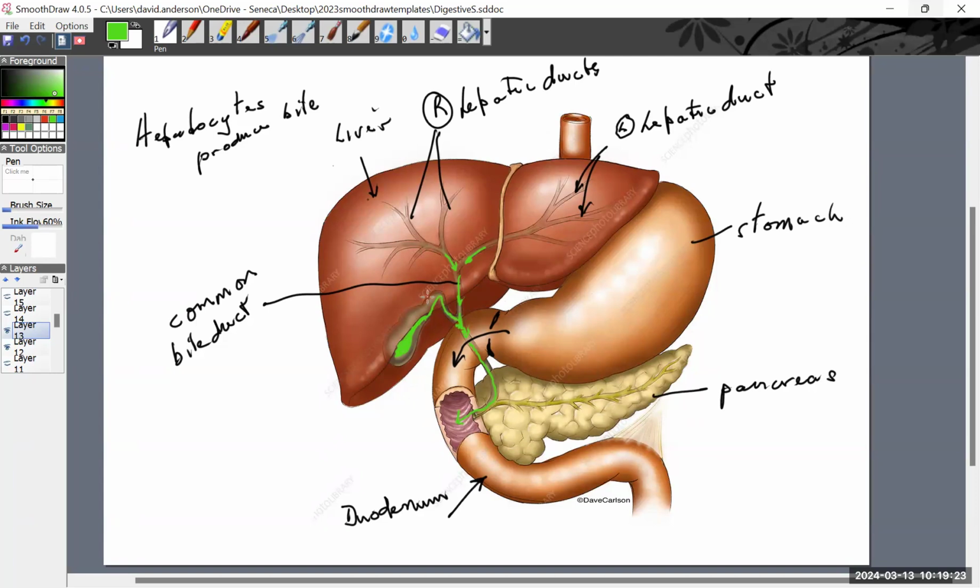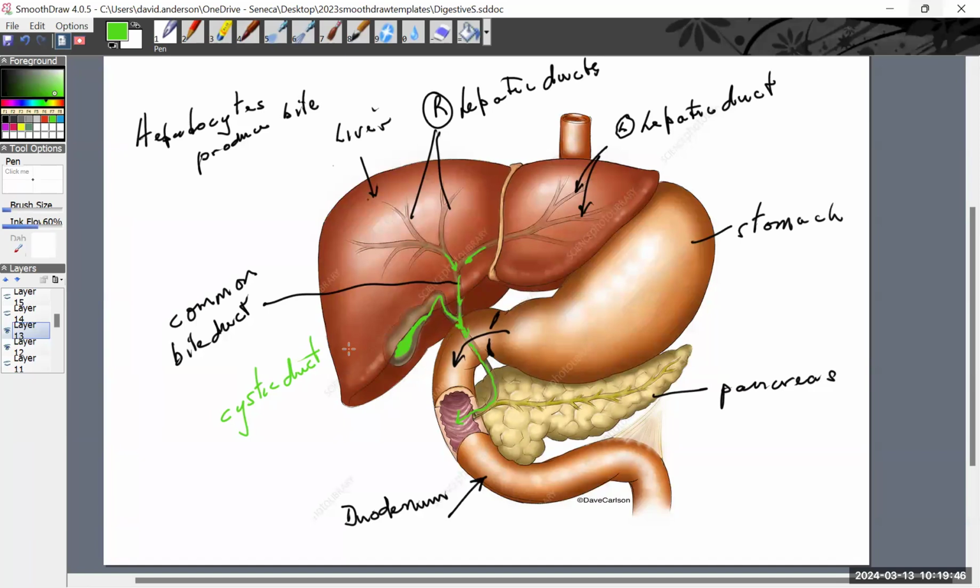The duct that comes from the gallbladder and joins the common bile duct is called a cystic duct. Cyst is a fancy word for a sac, and the sac in this case is the gallbladder. So that's where that terminology comes from.